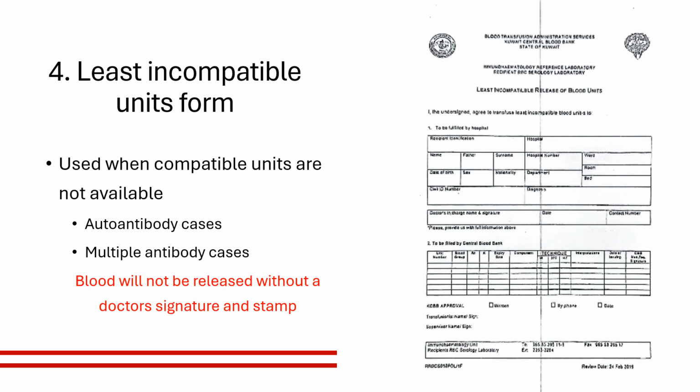It's done when we are dealing with one of those rare events where a patient has autoantibodies that recognize high frequency antigens, for example, so they would be reactive against 99.9% of the population, or when our patient has multiple antibodies and it is almost impossible to find a component that's negative for all of the corresponding antigens.